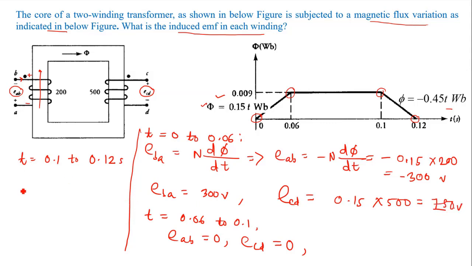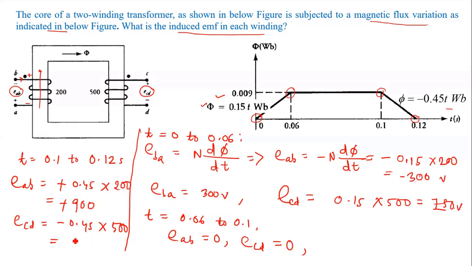And here for 0.1 to 0.12, EAB will be minus 0.45 into 200, which is around 900 volt. Sorry, this will be plus, and ECD will be minus 0.45 into 500. Okay, this will be plus. So you can multiply this and you can find the answer.